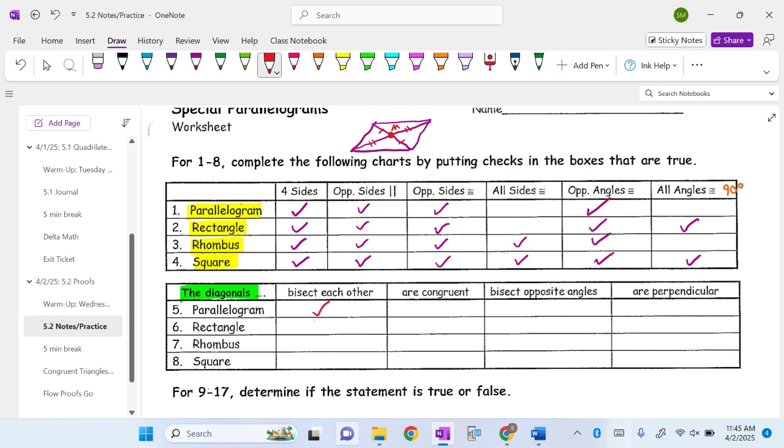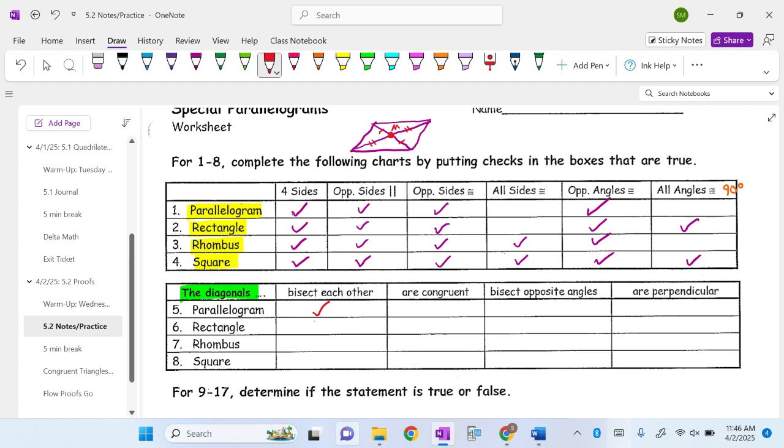So a parallelogram, the diagonals bisect each other. Now, remember what I said about the hierarchy. What is true about any property within the hierarchy? What did I say about that yesterday? So if we're looking at our hierarchy over here, what did I say was true about the hierarchy in terms of its properties? So let me ask you this.